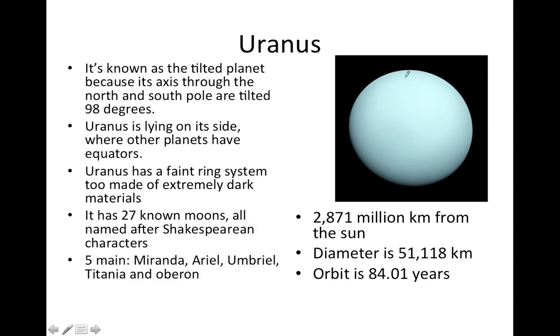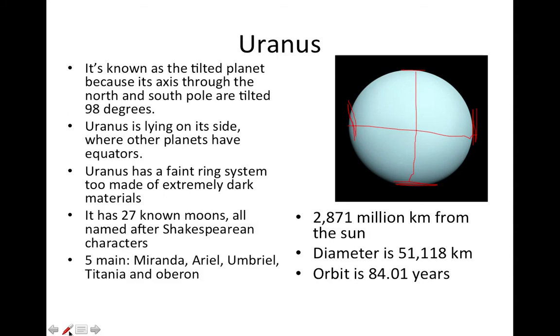So if you see on this picture I have here, if this was Earth, the north and south poles would be here and here. But in Uranus, the north and south poles are actually here and here. So while for most planets you have the equator running like this, for Uranus the equator actually runs this way.